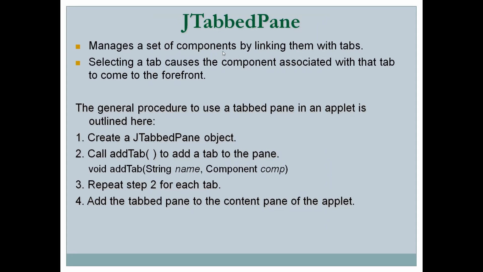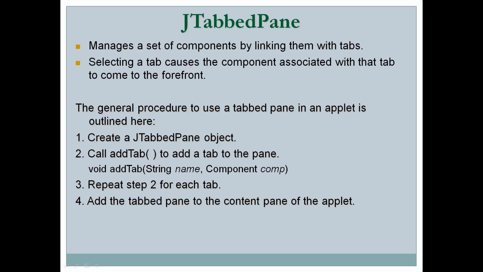So the tabbed pane is used to create tabs which contain a set of components. The tabbed pane manages a set of components by simply linking those components with tabs.